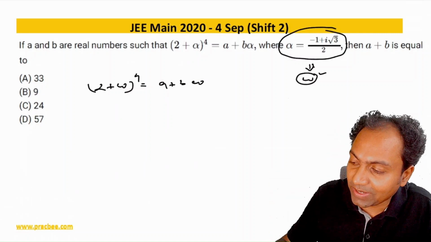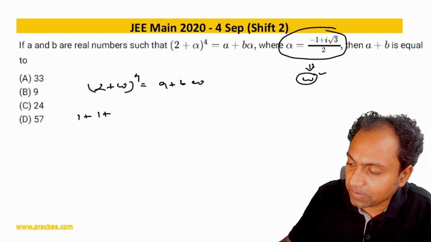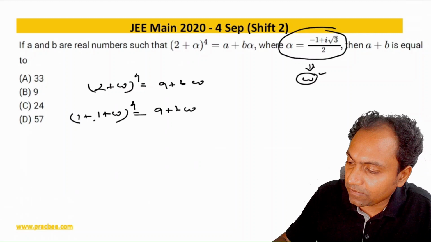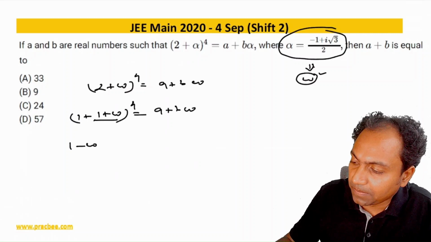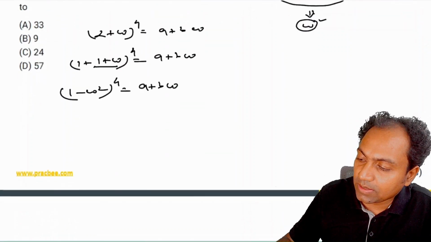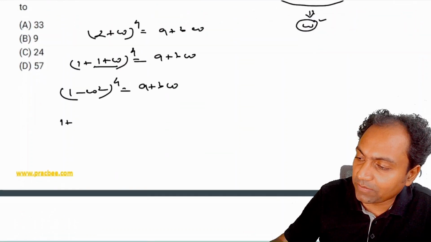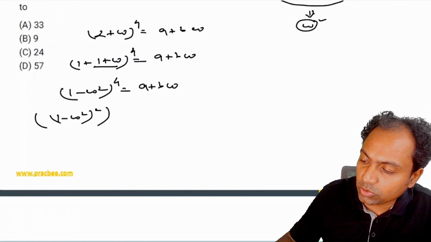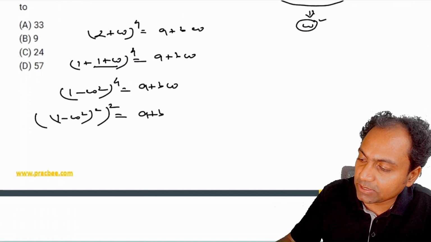So if I simplify this, this is nothing but 1 plus omega raised to the power 4 is equal to a plus b omega. 1 plus omega can be written as minus omega square raised to the power 4 is equal to a plus b omega. Now I am taking one power. So what we can do is, we can write this as 1 minus omega square whole square is equal to a plus b omega.